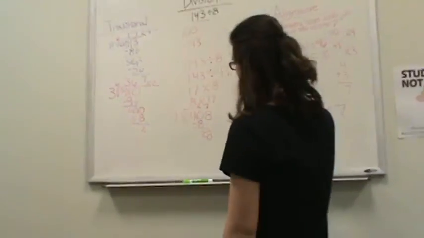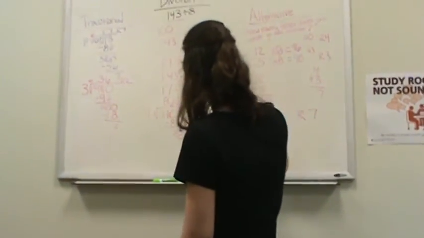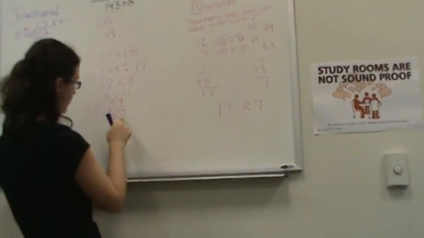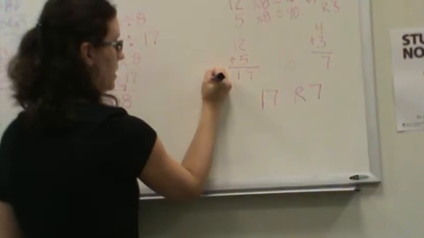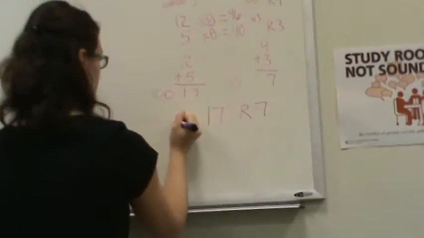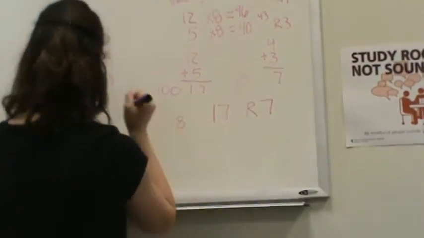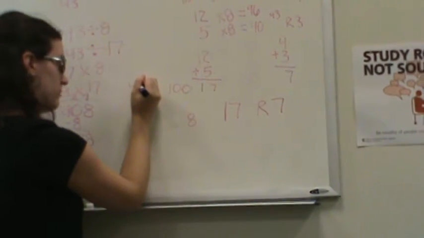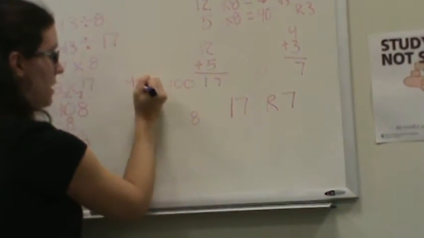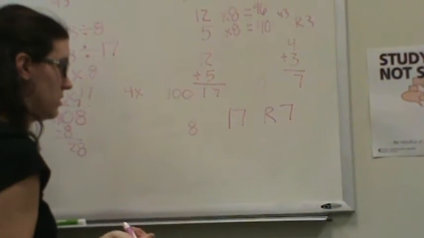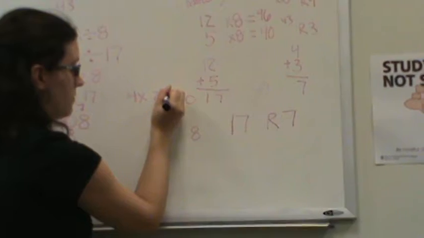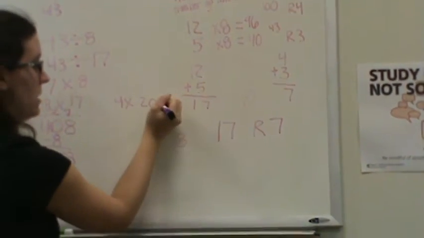Let's see what it would look like with the alternative method. So I'm going to split it up into 100, and then I'm going to split it up into 8. So 4 multiplied by what is close to 100? You get 20. It actually equals 100 here.